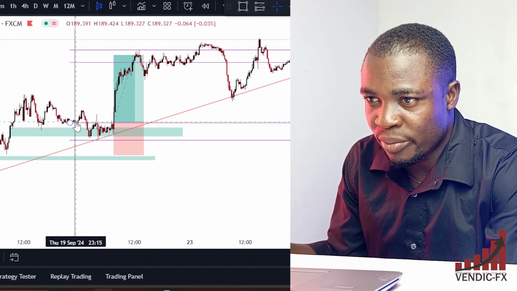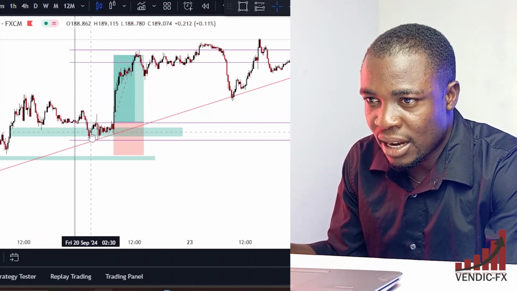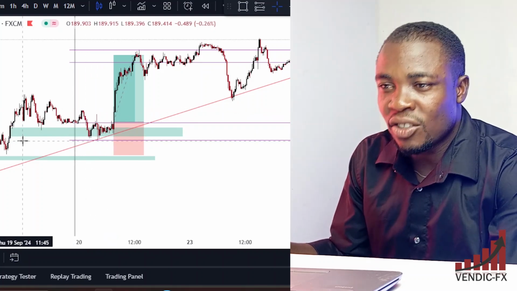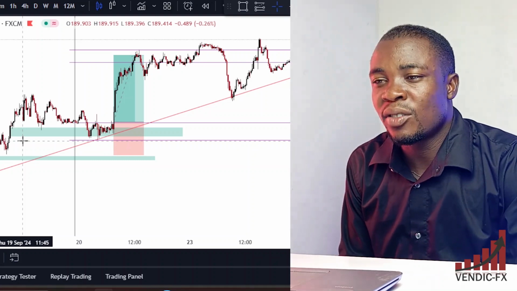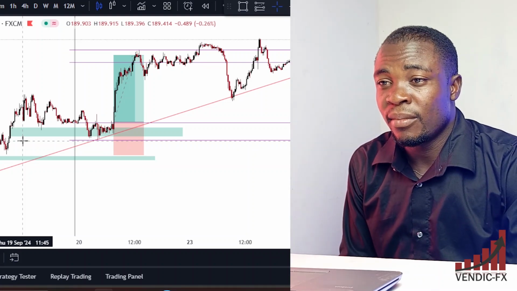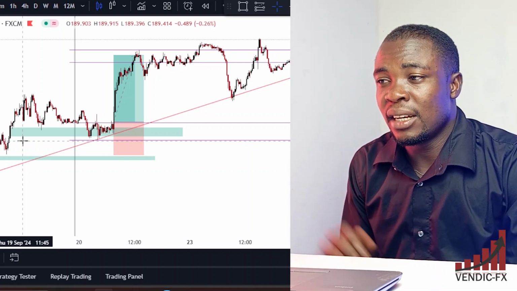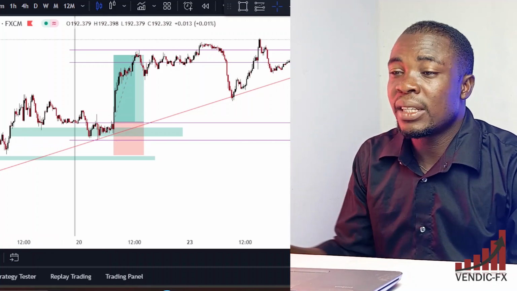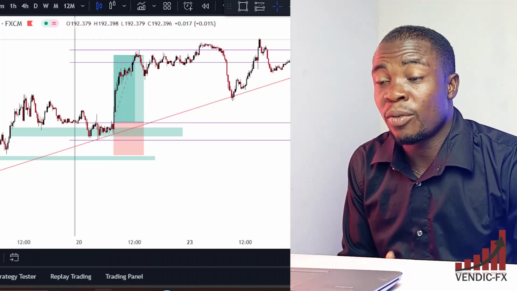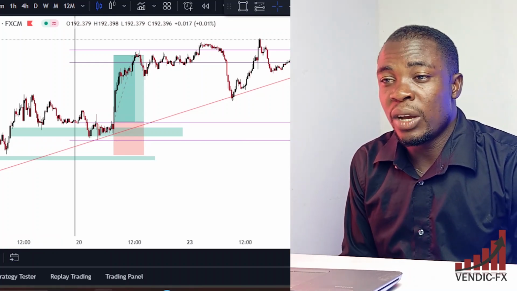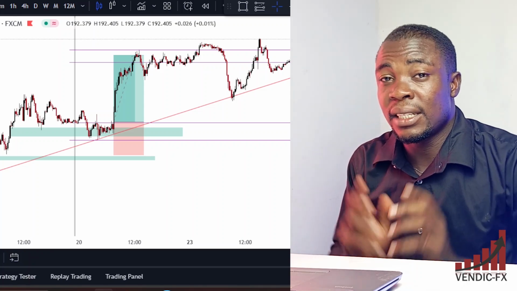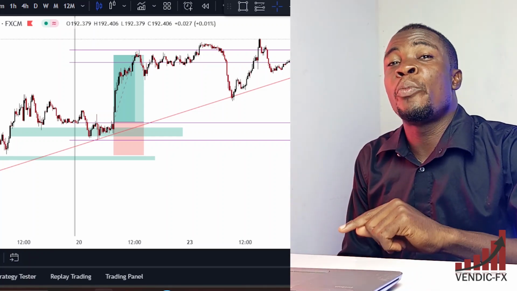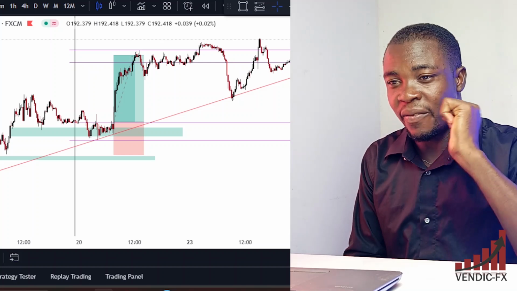It came down, and then there's something I always explain about entry models. I always have an entry model in every trade I'm going into. I entered this particular trade off of the previous day's fair value gap.